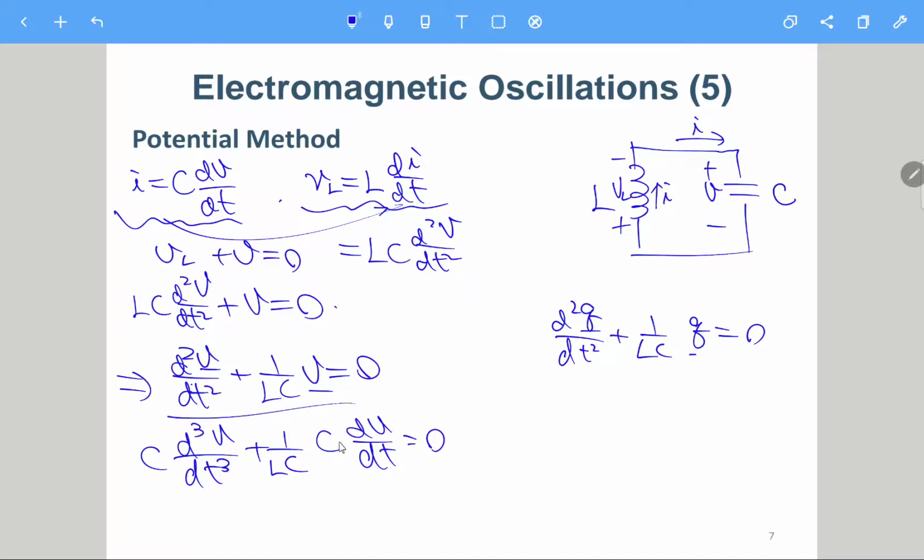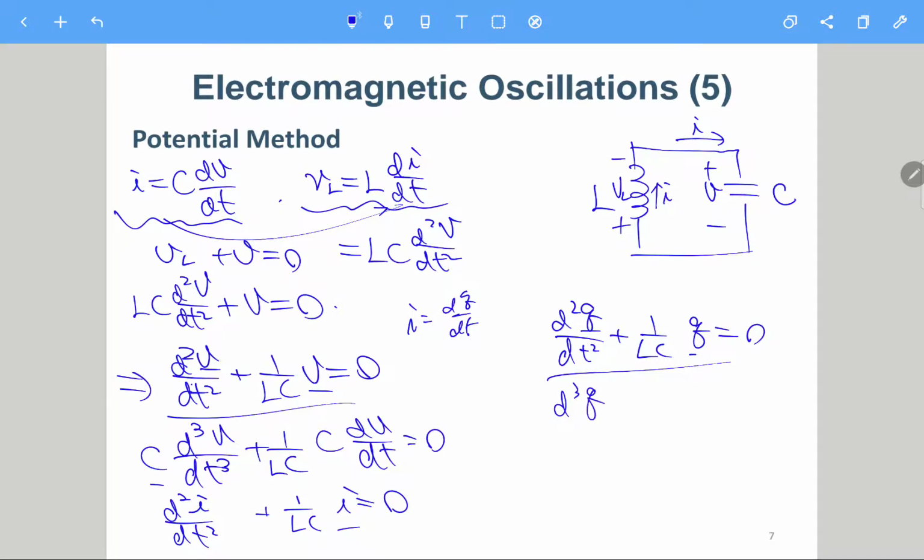Or maybe you can just take the derivative. Yeah, so this is I. So we have 1 over LC I like this. And then this one will be d2I dt2. Still, this is I, this is Q, so you can just take the derivative. As much as you know I equals dQ dt, you can just take the derivative of this equation.